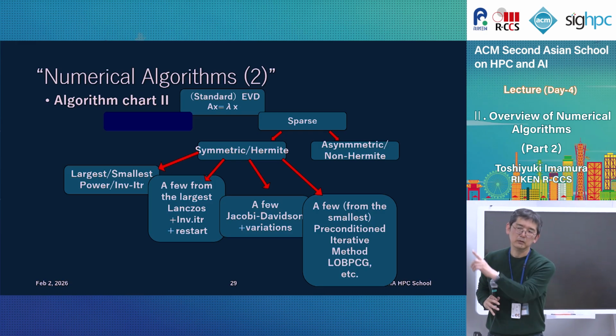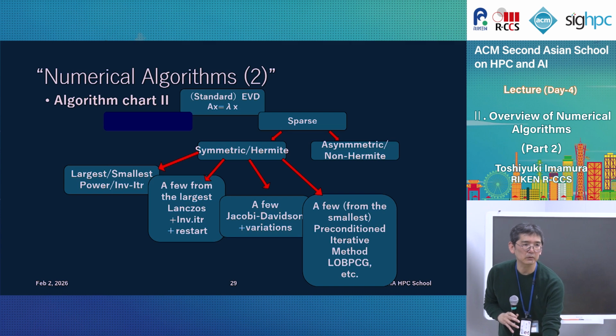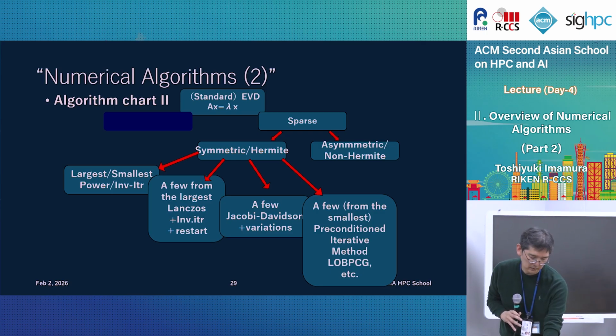The theory I showed is a very rough story, so it's not limited to the dense matrix. Of course, the sparse matrix is the target, so we can rely on the first step, the power method.